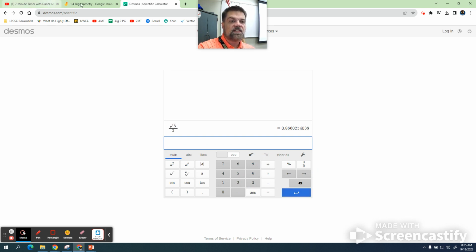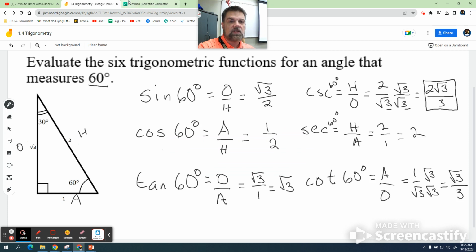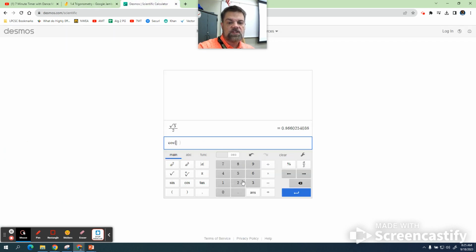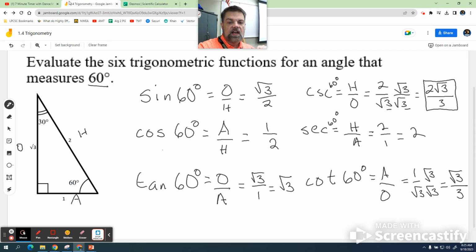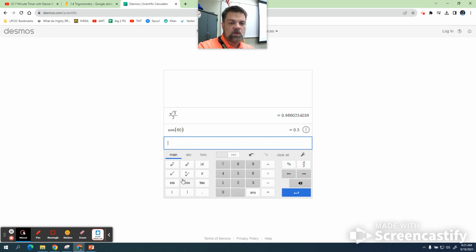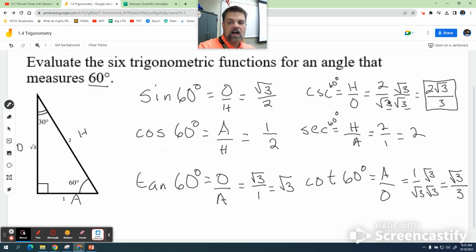Now, let's do the rest of them. So then there's cosine of 60. That's right. And then tangent of 60 should be 1.73. So if I say tangent of 60, 1.73, which is actually the square root of 3 over 1. So those are right. And then lastly, we need to do cosecant.